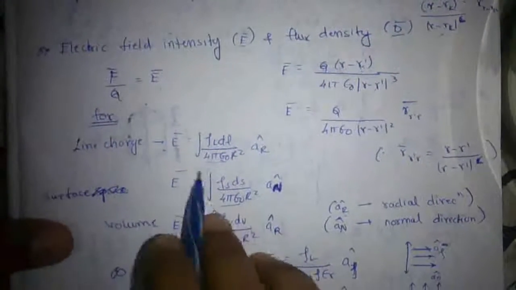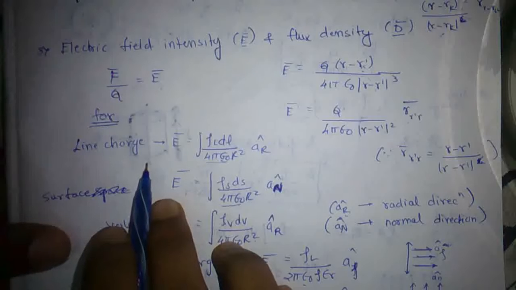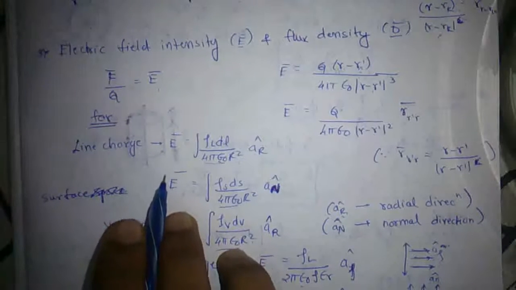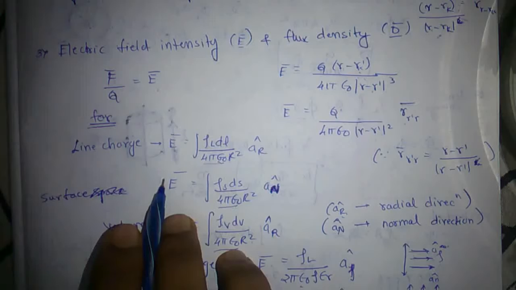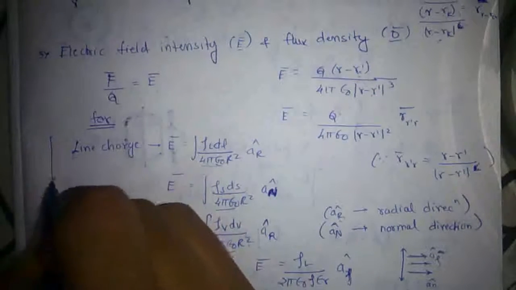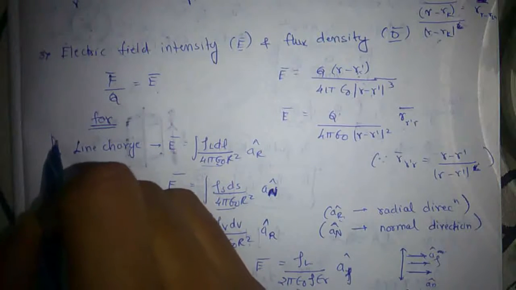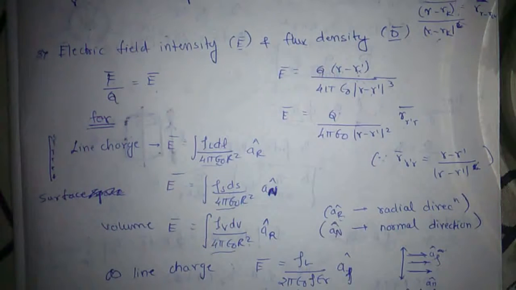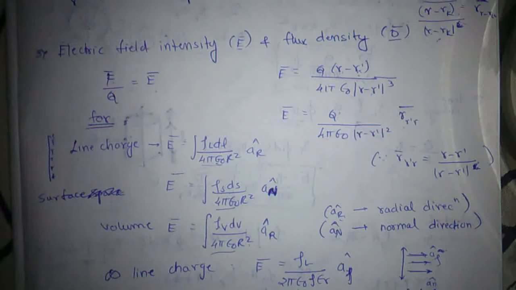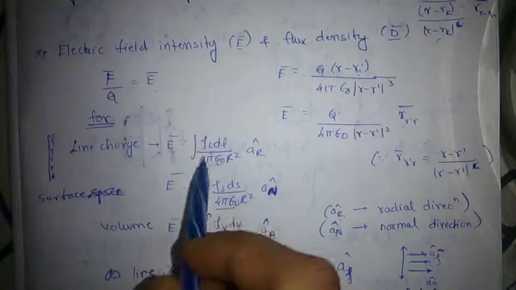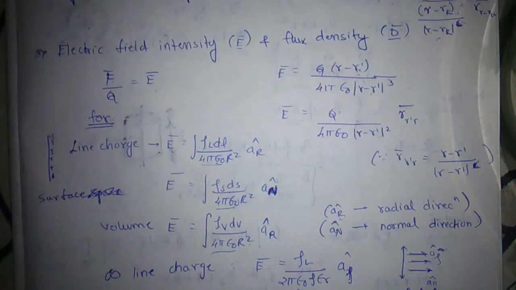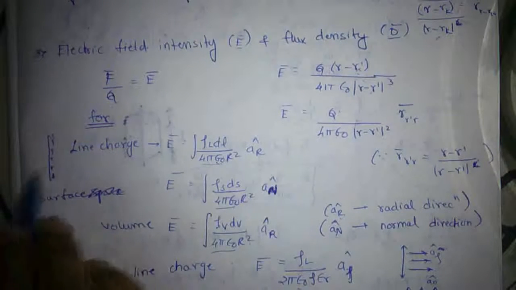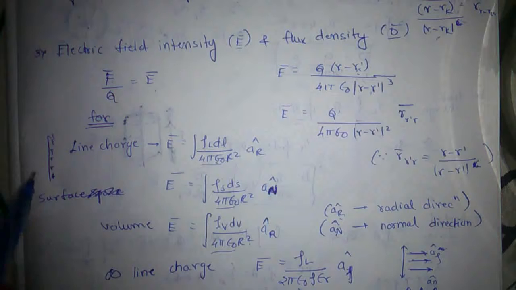Now, for line charge, suppose you have a stick and you have all the charge filled upon it. This is my stick and I have the charges on it. But these charges are placed at infinitesimally small distances. So for that, I use integration, right? Suppose rho L is my linear charge density and dl is the length of a small element of this stick.